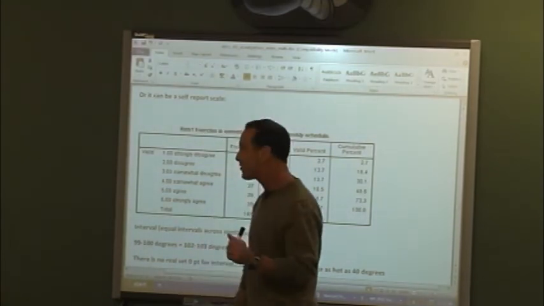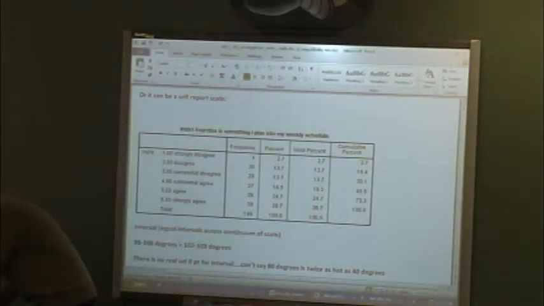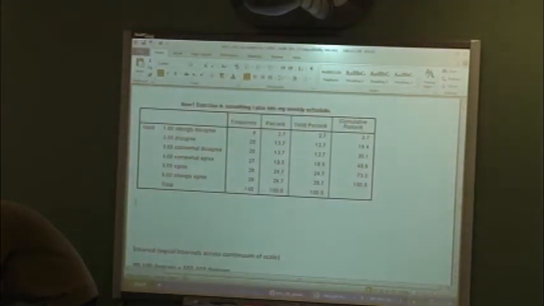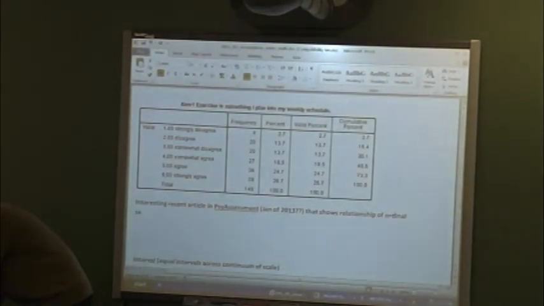Both of those are ordinal, even though there's a fascinating recent article in Psych Assessment, I think January of 2013, that shows the relationship of an ordinal self-report item and a continuous level construct.